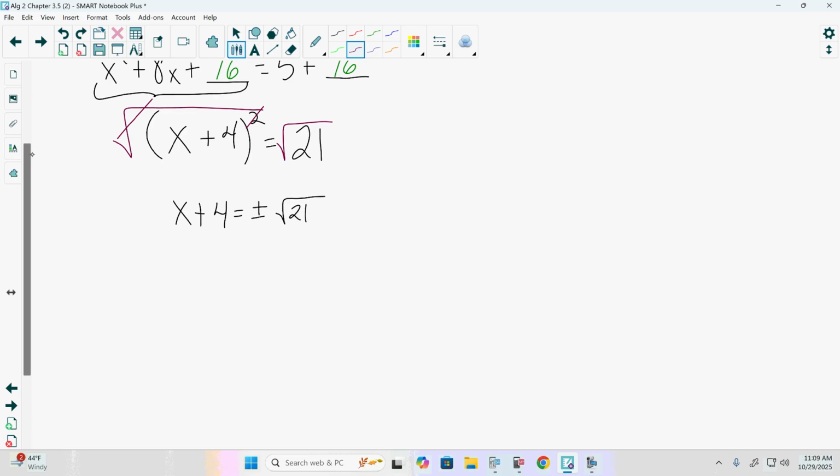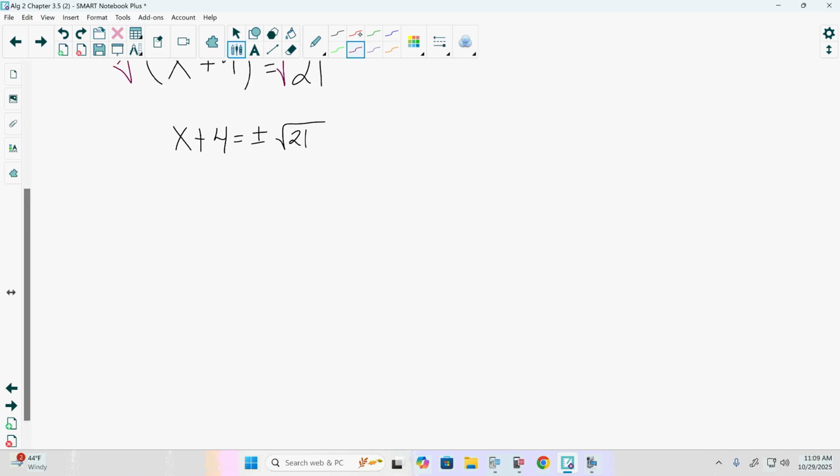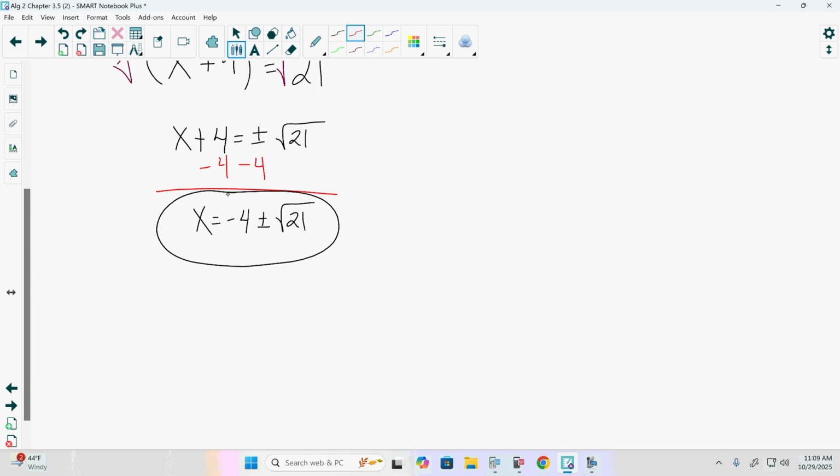Now, just like with the last so many, x is not by itself. We have to minus 4 from both sides, telling us x is equal to negative 4 plus or minus the square root of 21. Now, negative 4 and the square root of 21 are not like terms.